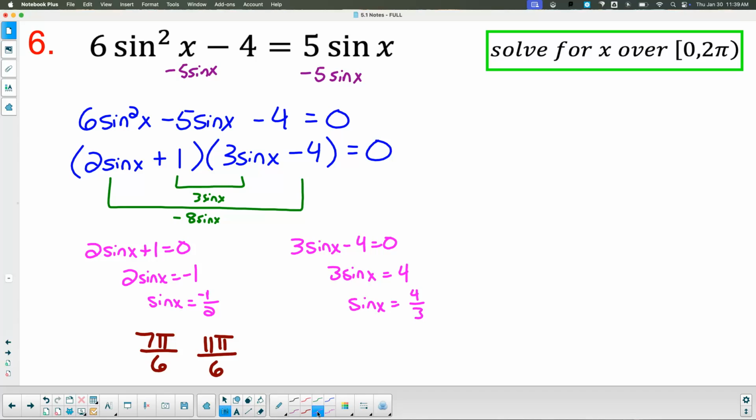Where on the unit circle is the sine of x equal to 4/3? Never. Why is it impossible? Or, more simply put, it's bigger than 1. Sine has to be between negative 1 and positive 1. So this one does not produce anything. So these are your only 2 answers. Okay?